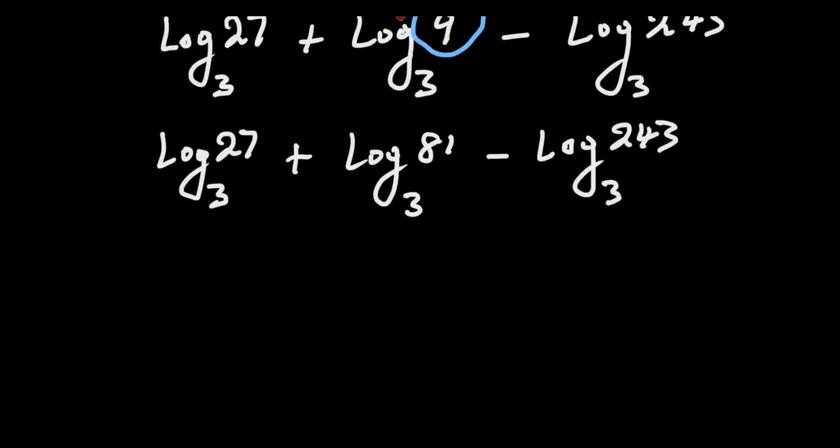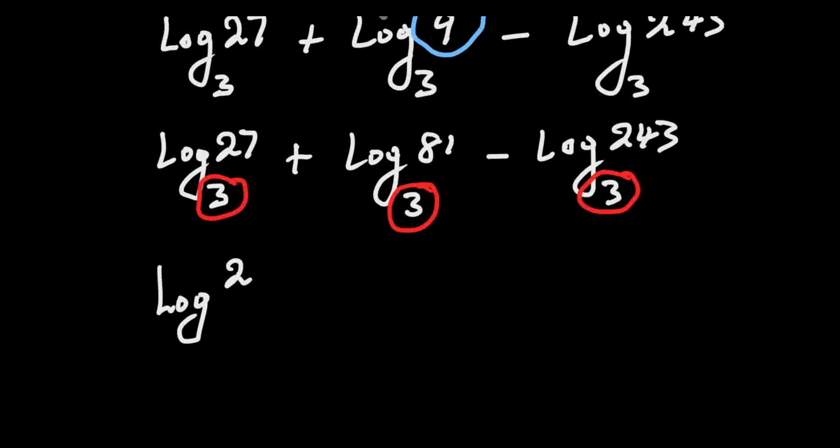So now recall that we have the base to be the same. Hence, we can simply write this as a single logarithm expression. So this will become log 27. And because we have a plus sign, whenever you have a plus sign before the log, you multiply. So 27 times 81.